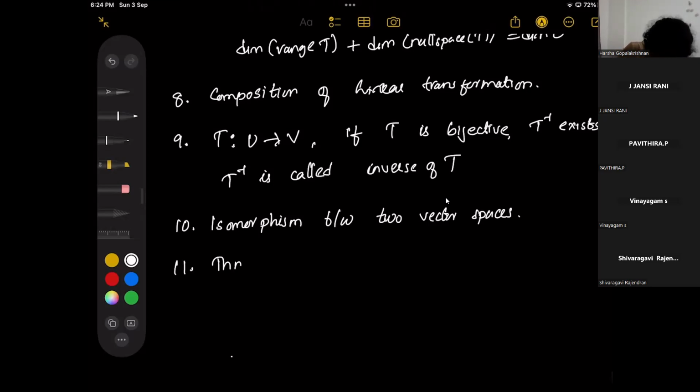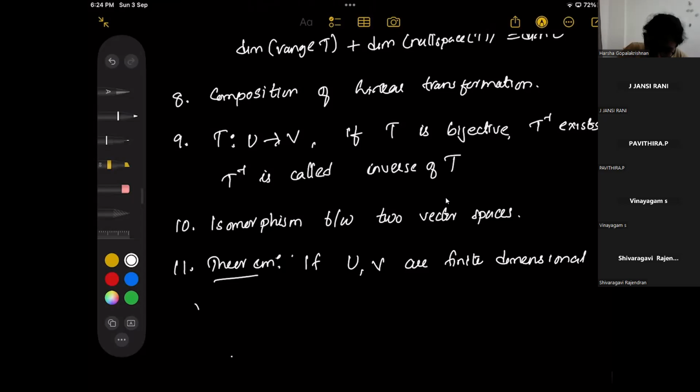Again, one more important theorem: in the case of finite dimensional vector spaces, if U and V are finite dimensional vector spaces, and dimension of U equals dimension of V, then U and V are isomorphic.